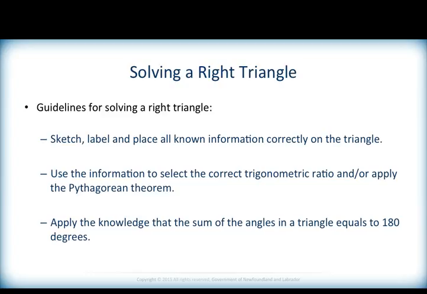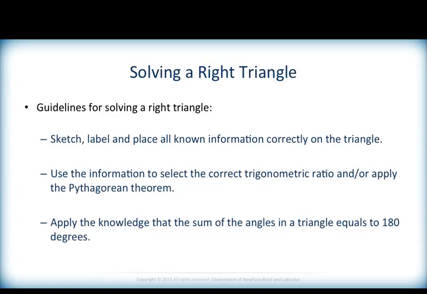If your diagram is incorrect, then you could quite possibly solve the triangle incorrectly. After you sketch, label, and correctly place all the known information on the triangle, you're going to use the information to select the correct trigonometric ratio and apply the Pythagorean theorem, or it could be used.